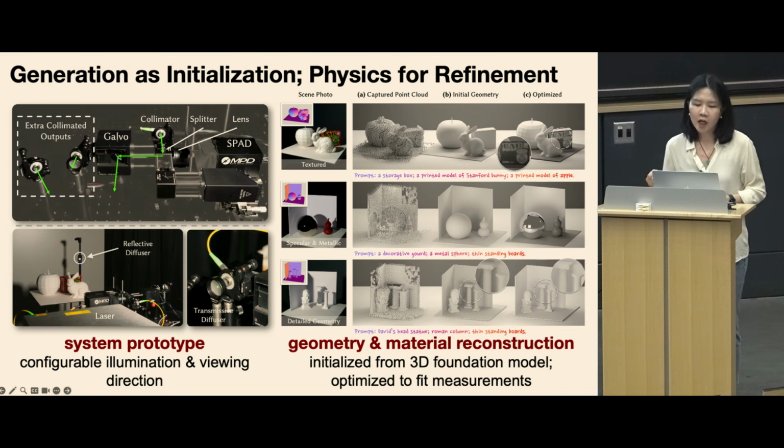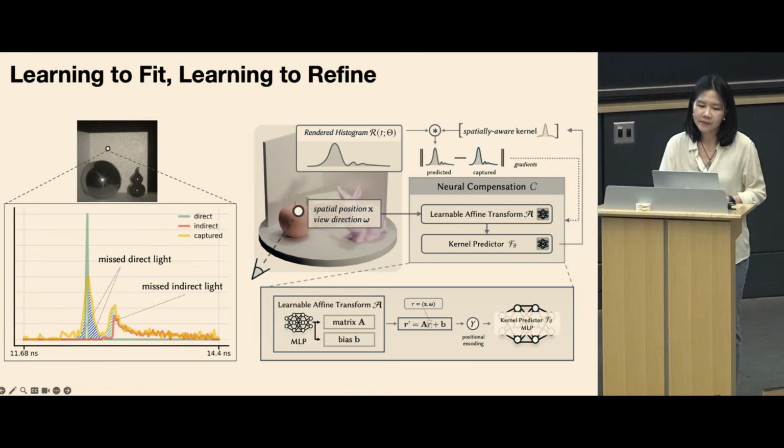Also, putting the collimator behind a diffuser or directing it towards a reflective diffuser, we create the light sources. We also introduce additional calibration modules to handle the misalignments. Details can be found in the paper that we will present at SIGGRAPH next week.